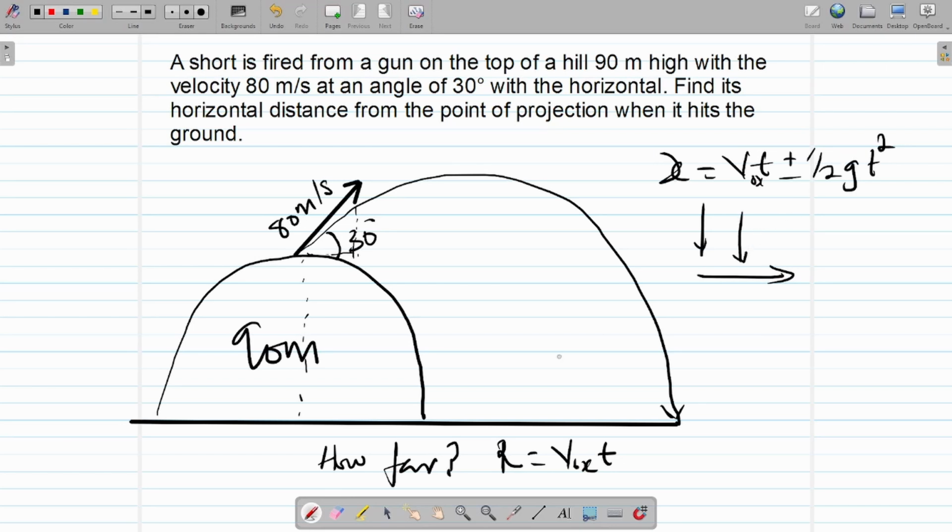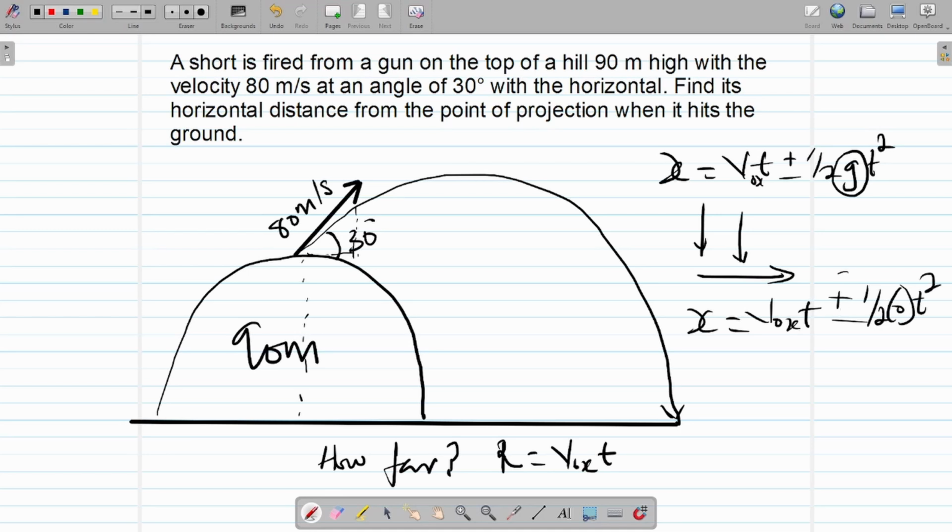And in this case, since we're talking about horizontal distance right now, because when you talk about how far, the range only talks about how far it covers or goes in the x direction. Now, if you look at this right here, you discover that there is no gravitational force in the x direction. This means that if you replace the g with 0, we have that x is equal to v naught x t plus or minus half, we put a 0 here, t squared.